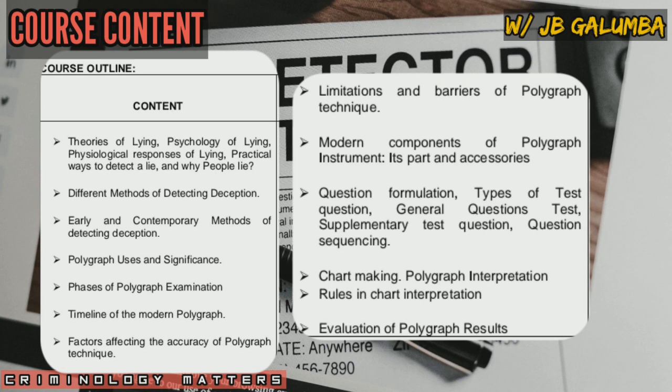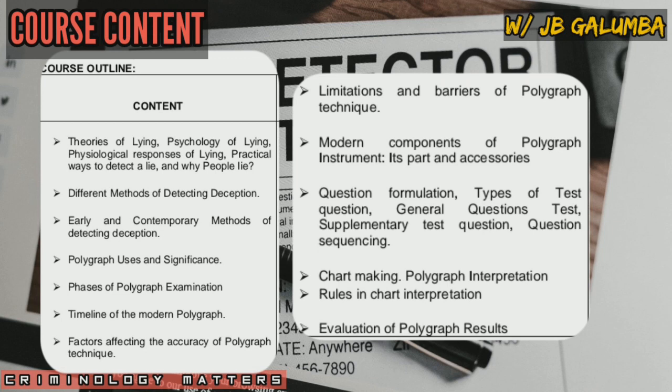It's not a guarantee that if the result shows you are negative for lying, it means you are being truthful and not guilty. In the conduct of polygraph examination, if the circumstances that we're going to mention are not taken into consideration, the result may be less accurate.